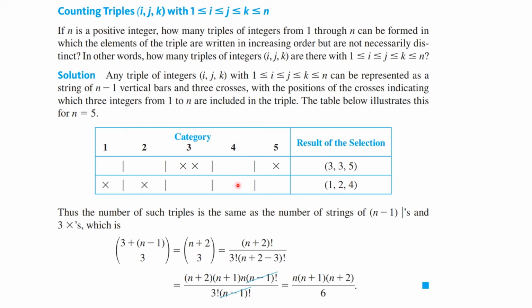Anyway, the number of ways that we can do this then is, by the theorem, the same as the number of strings of n-1 vertical bars and 3 x's. So that is going to be 3 plus n-1, choose 3. And we do the calculation and we get n times n plus 1 times n plus 2 over 6. This is a formula you want to remember.